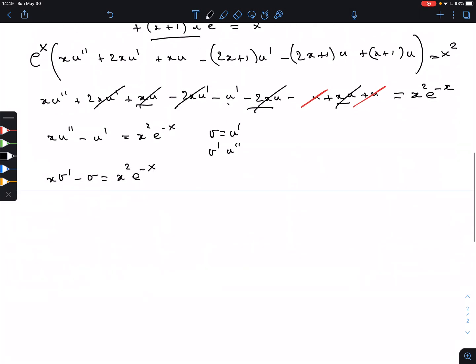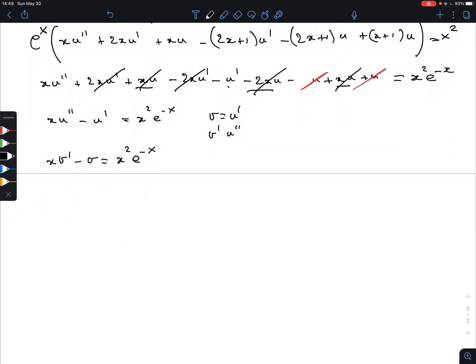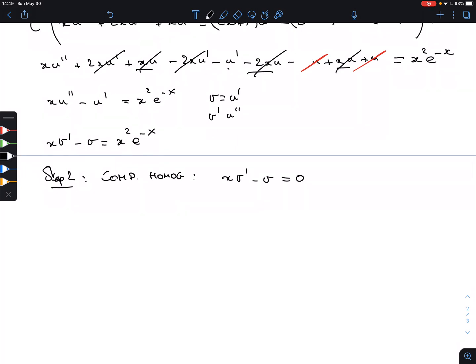Okay, so we have a first order equation. How do we do this now? Okay, step 2. Let's think about first order equations. We first look at the complementary homogeneous one. That is x v prime minus v is 0. We know that this is always a separation of variables, and we see it right away, right? So this is x v prime equals v.